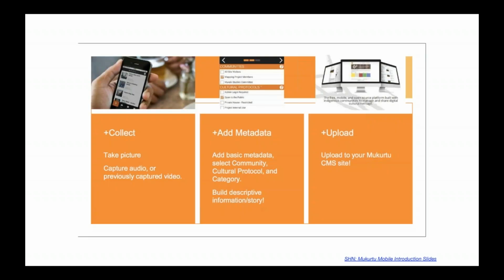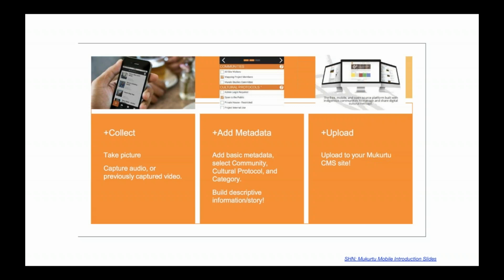So another really great tool is Mukurtu Mobile. This was really created for gathering real-time collection of dynamic content, but it also is really helpful for communities that may struggle with internet access and allows them to use the mobile app to gather materials and then sync those materials with their Mukurtu site later.